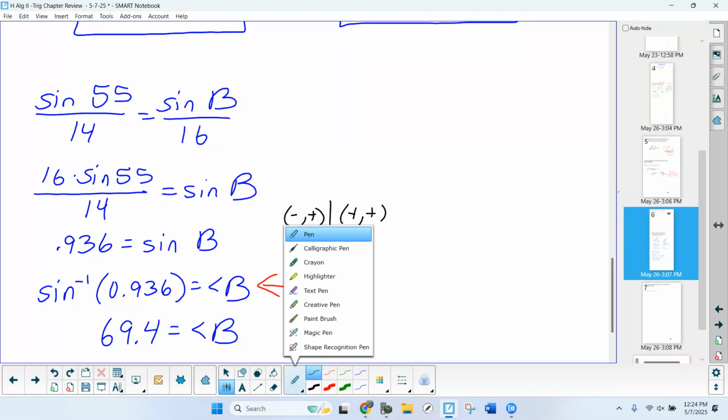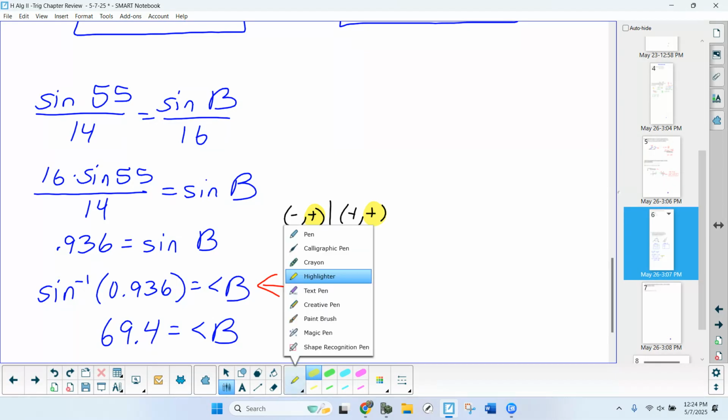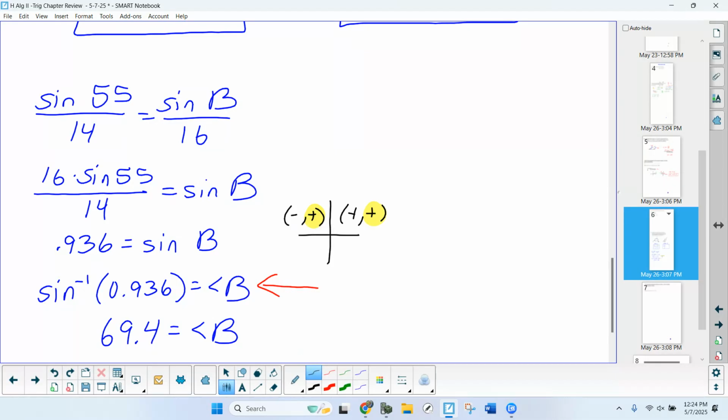Y is positive in 2 places between 0 and 180. So the angle might be in quadrant 1, which it gave us, because that's the restricted domain, and the calculator always gives you the angle in the restricted domain. And it could also be in where? Quadrant 2.